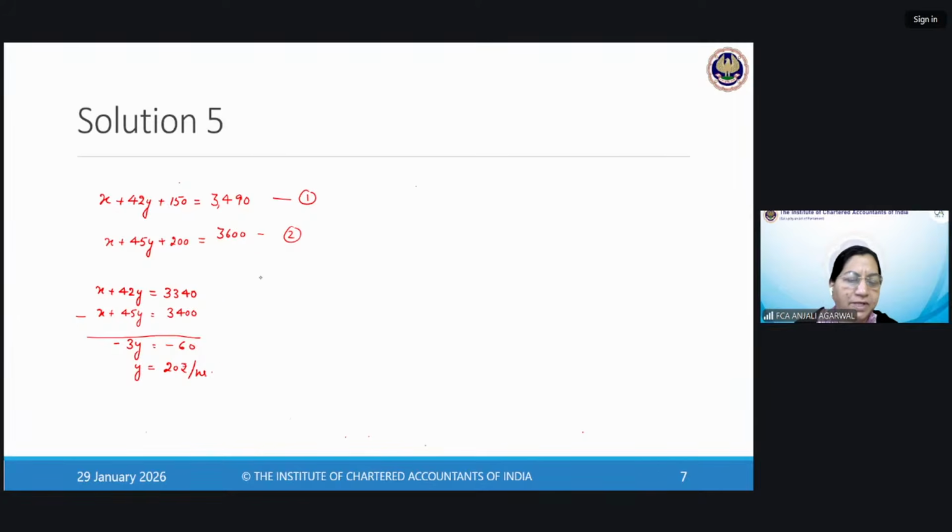So when you put in any of the equations, X plus 20 into 42 is equal to 3340, you will get how much material is used. The cost of raw material comes out to be 2,500 rupees.